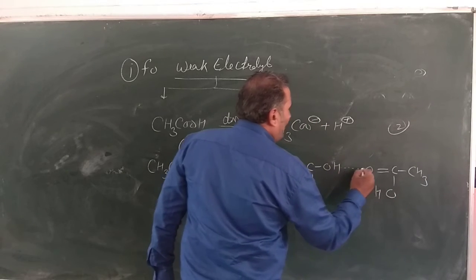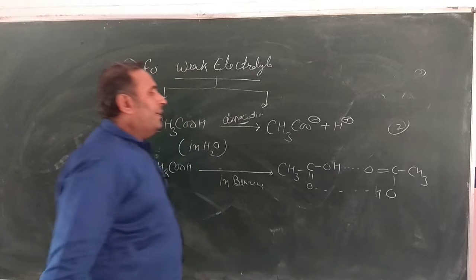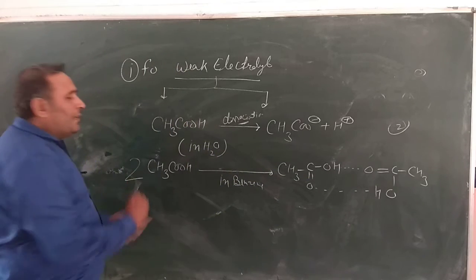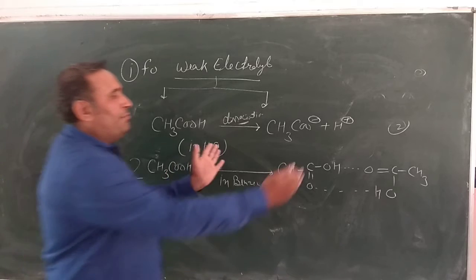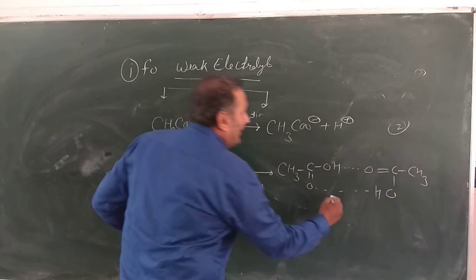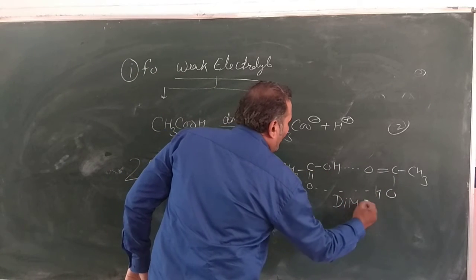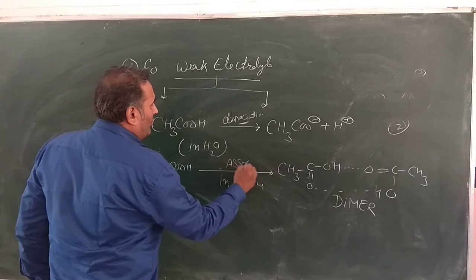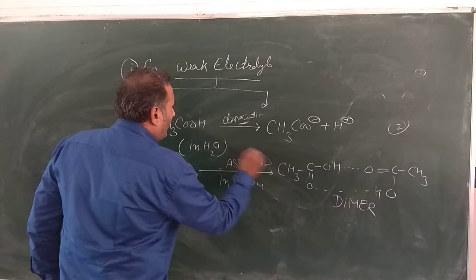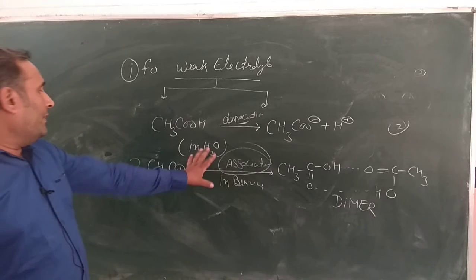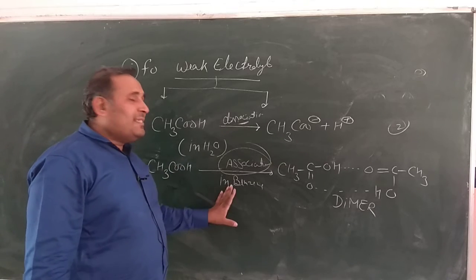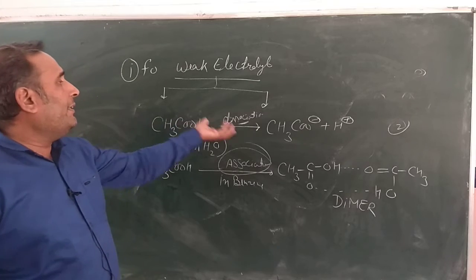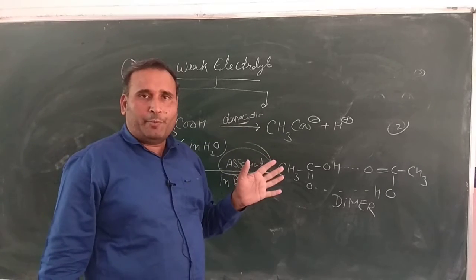It is called dimerization. By making hydrogen bond, 2 mole of CH3COOH make one dimer. That is called dimer. So here is a case of association. So we can say that acetic acid in benzene shows association phenomena and acetic acid in water shows dissociation phenomena.